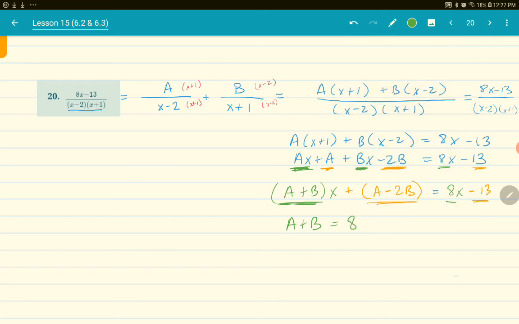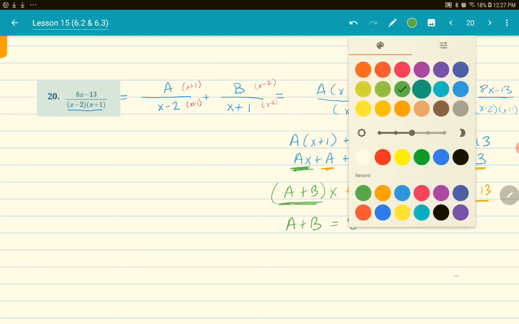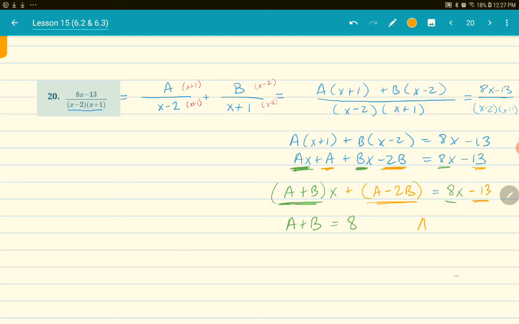So a plus b equals 8 is my first equation, and my other equation is a minus 2b equals negative 13. So now I have a system of two equations and two variables, so I can solve those. We can do substitution or elimination. Let's subtract them.